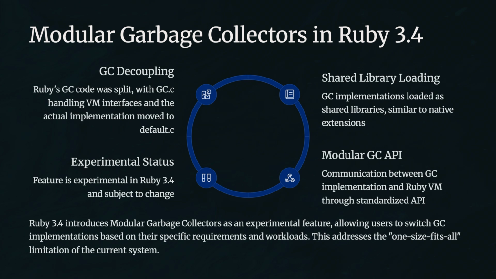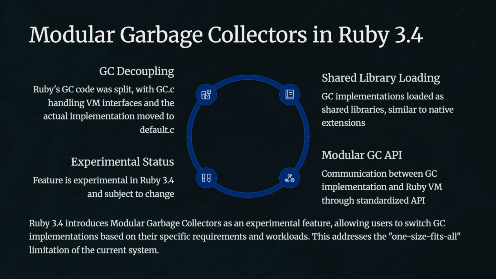Examples include ways to lock the entire VM state for safety during GC, ways to stop and resume reactors, and really importantly, a way for the GC to ask the VM, please walk the references for this object. The GC doesn't need to know the messy details of how Ruby objects are structured internally. Ah, the abstraction. Exactly. The GC just says, VM, tell me who this object points to, and the VM handles it. This means Ruby's internal object layouts can change in the future without breaking every single GC implementation.